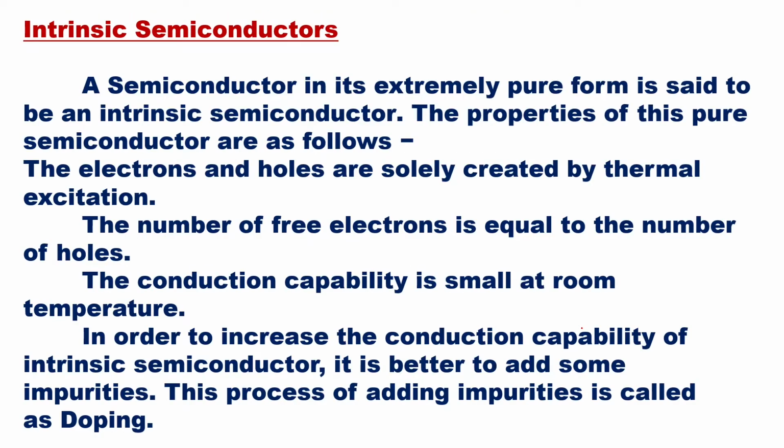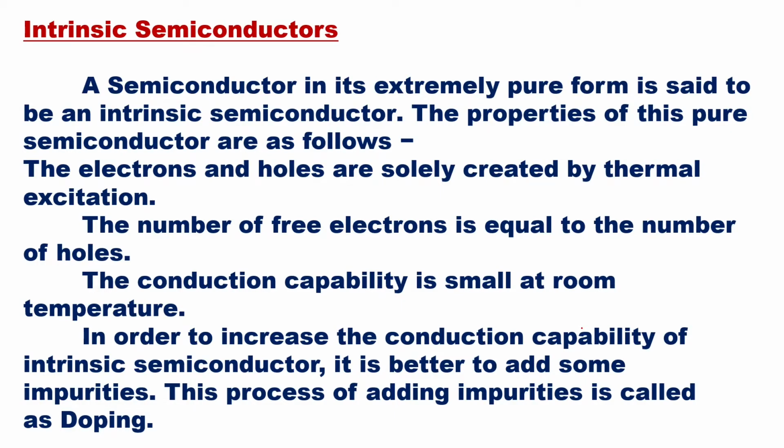Then we'll see what these intrinsic semiconductors are, germanium and silicon, the two examples we have given. A semiconductor in its extremely pure form is said to be an intrinsic semiconductor. The properties of these pure semiconductors are as follows.